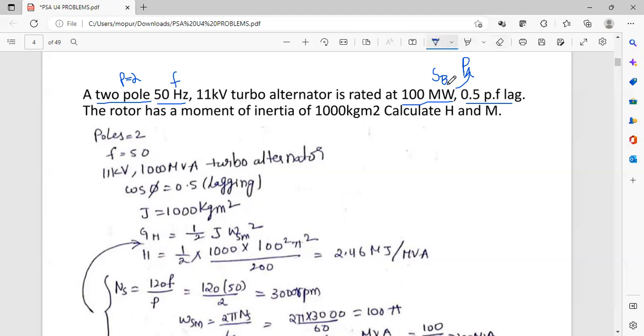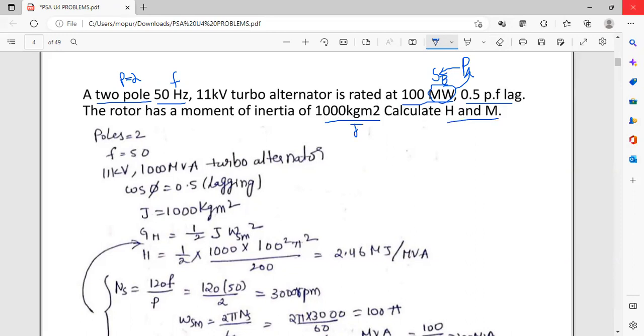By seeing this unit, you can conclude that megawatt is real power. You should convert this real power into complex power SB by using this power factor. Then they have given the rotor moment of inertia J, and they have asked us to calculate H and M.